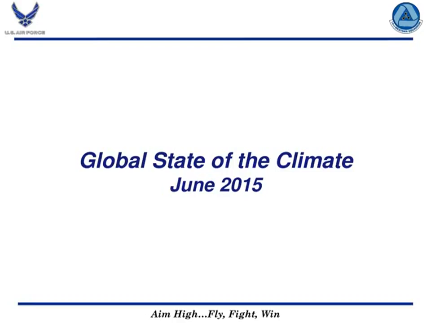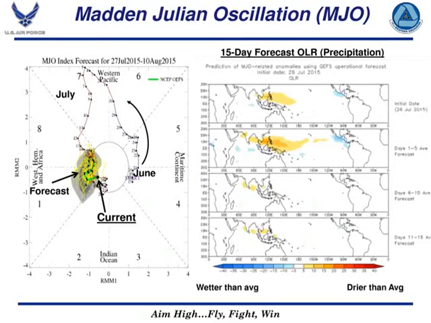Remember, the MJO is an intraseasonal fluctuation affecting primarily the tropical Indian and Pacific Oceans, which is responsible for the majority of short-term weather variability in atmospheric and oceanic parameters. Displayed on the left is the real-time multivariate MJO index, or the RMM diagram, used to track and forecast the 8 phases of the MJO.